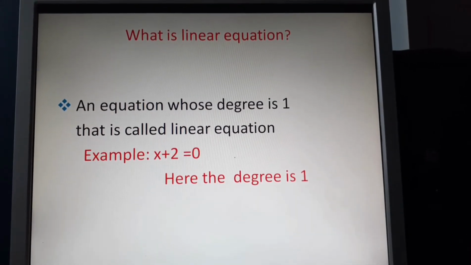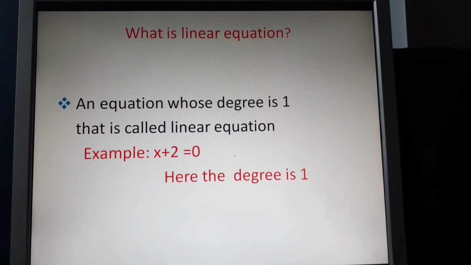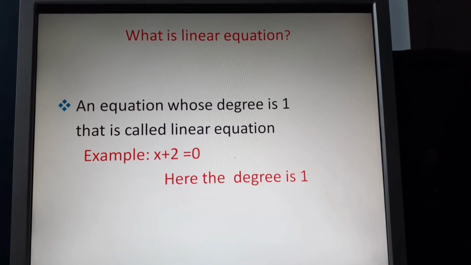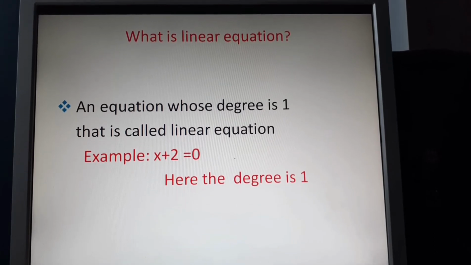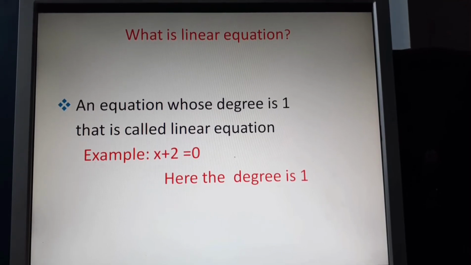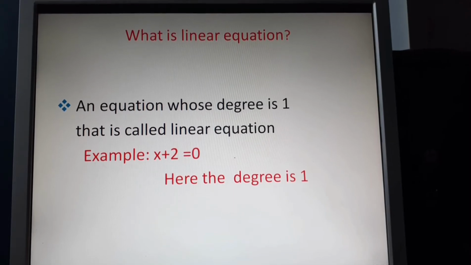See the equation here, only one variable, that is x is here. Here left hand side value is x plus 2. Power of x is 1. So here the degree is 1. So this is called linear equation.